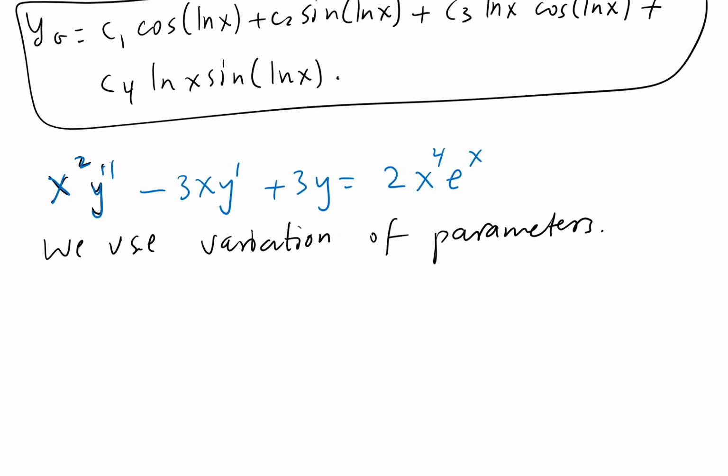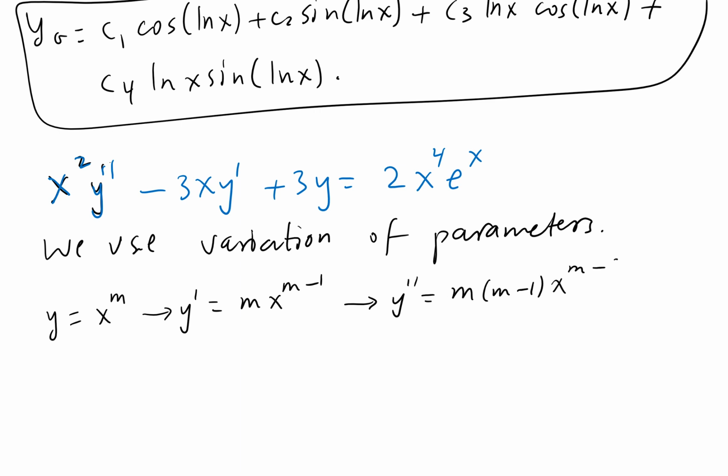Still we start, because it's a Cauchy-Euler equation, we still start with y equals x to the m. We get y prime is m times x to the m minus 1, y double prime is m times m minus 1 x to the m minus 2.